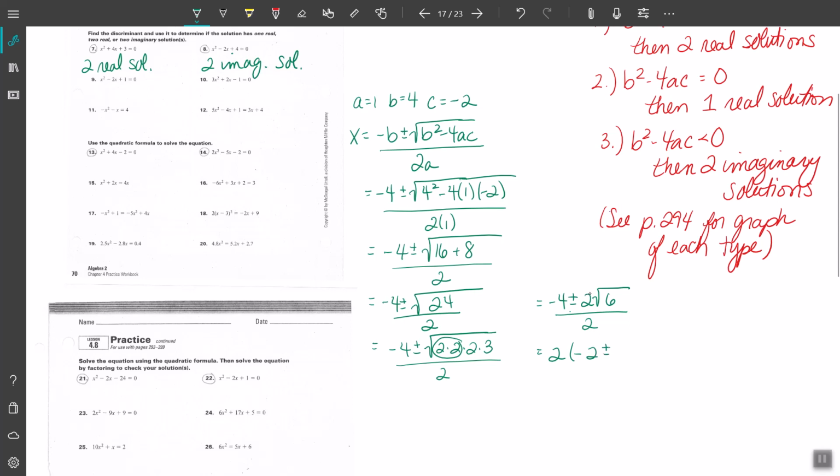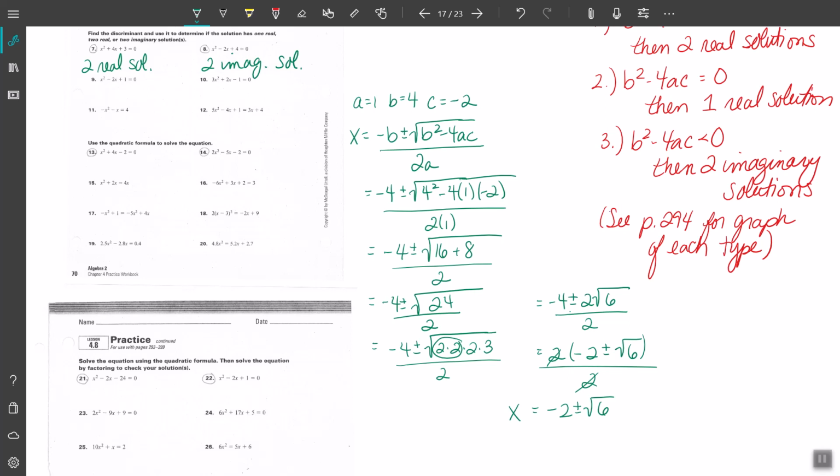I'm factoring that 2 away from the radical, so now I'm just going to have the square root of 6. And all of that is over 2. And so now I can cancel this 2 with this 2, because this 2 up here is multiplied by what's in the parentheses there.